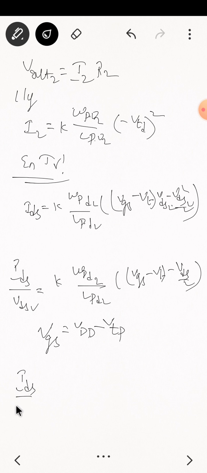So VDS by IDS, it is equal to 1 by R1 is equal to 1 by R2. It is the reciprocal of the resistance.